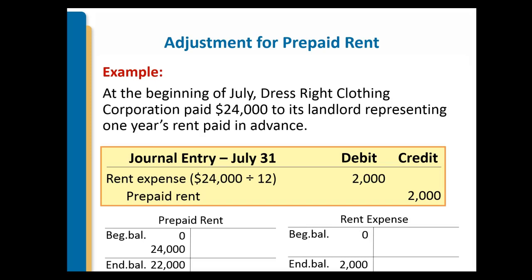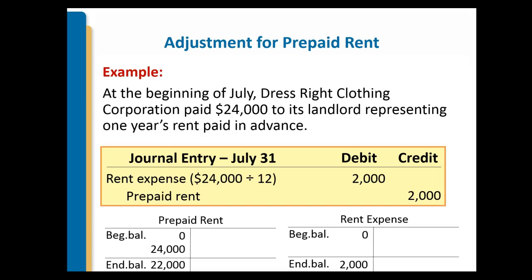So at the end of July 2018, 1 month of prepaid rent has expired, and now it needs to be recognized as an expense. So the adjusting journal entry for this is a debit to rent expense and a credit to prepaid rent for $2,000. This records the cost of the expired rent for the month of July.